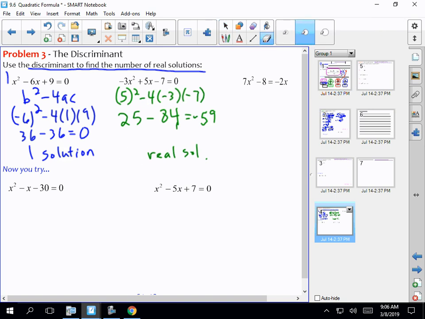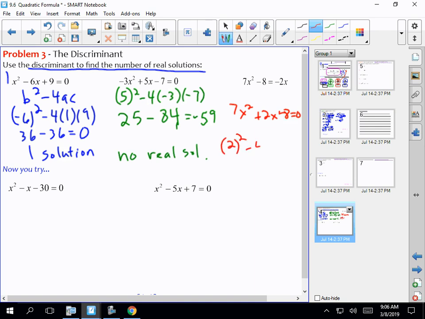And the final one, first we have to set this equal to 0. And so we've got 2 squared minus 4 times 7 times negative 8.